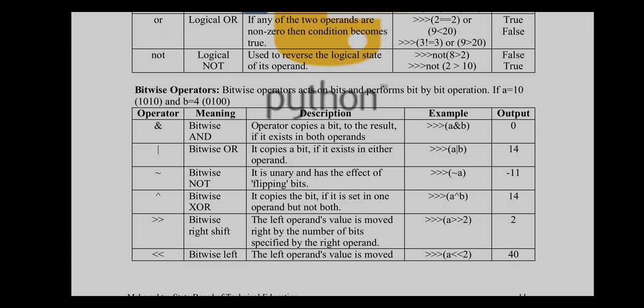So for performing the bitwise and, we are going to use ampersand. It is going to and your binary numbers, following the and truth table, and it is going to show you the result. For bitwise or, use the pipe operator.